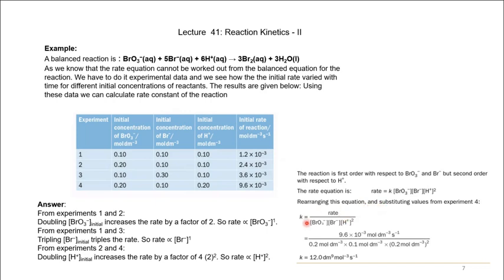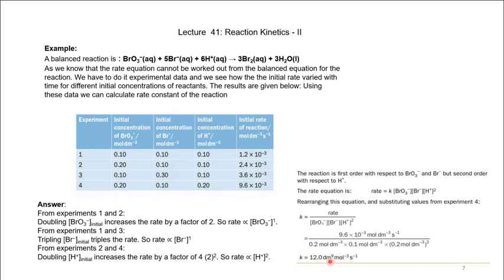Rearranging this equation, we get rate constant equal to rate divided by the concentrations of these ions. The initial rate of reaction is given, and we take the concentrations of all these ions as given in the data. Thereby, if we calculate, we get the rate constant equal to 12.0 dm to the power 9 per mole cube per second.